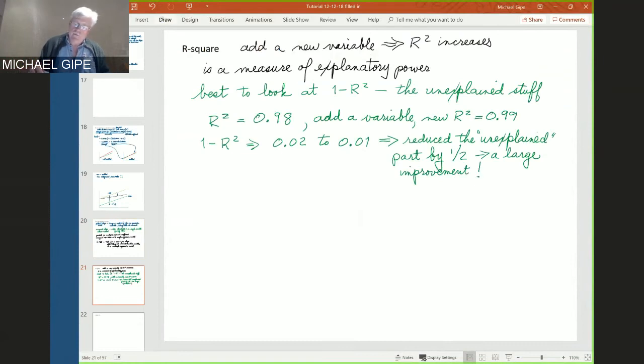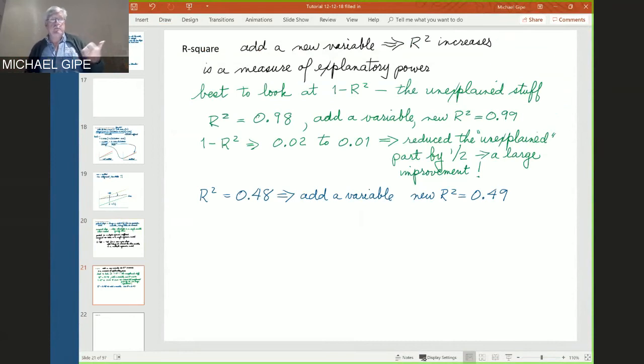Now, let's take another example. Let's say we start with an R squared of 0.48, add a new variable, and we have a new R squared of 0.49. So R squared in each case has gone up by 0.01.